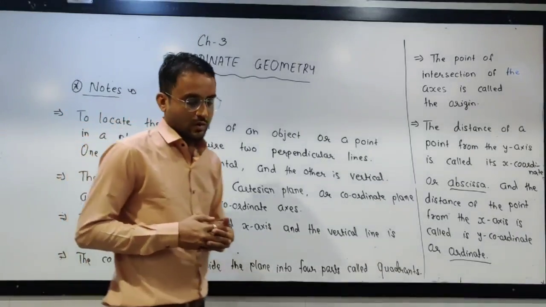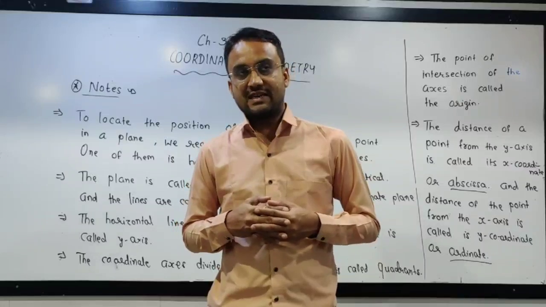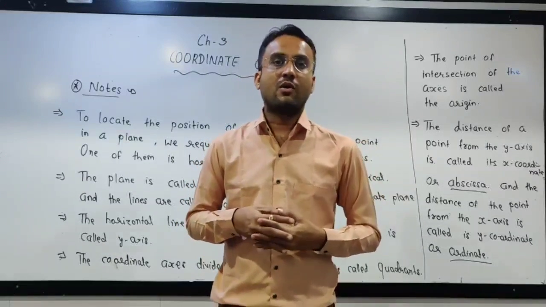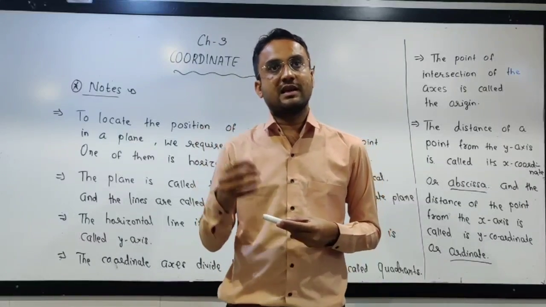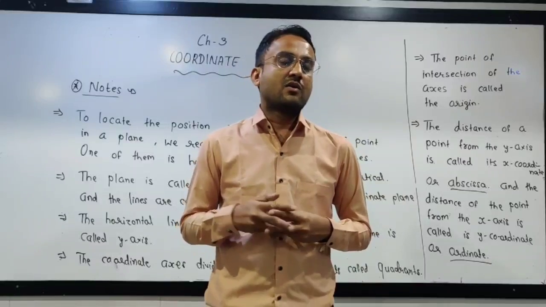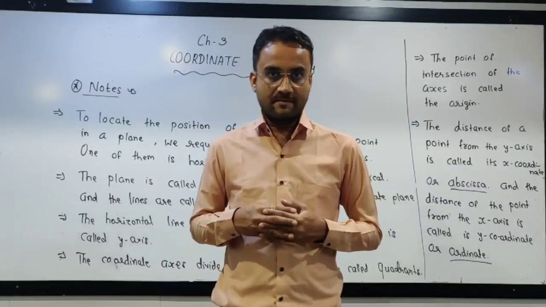Now, if we want to visit an unknown person's home or house, or say a pizza boy wants to deliver a pizza on the basis of an order, what is the first requirement?